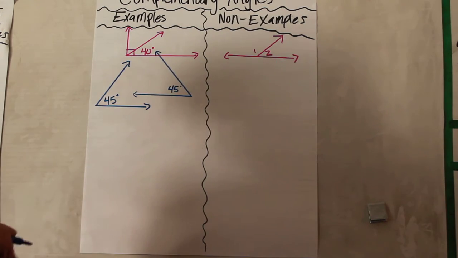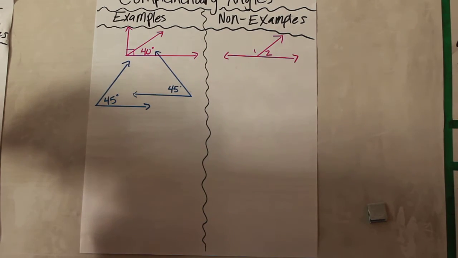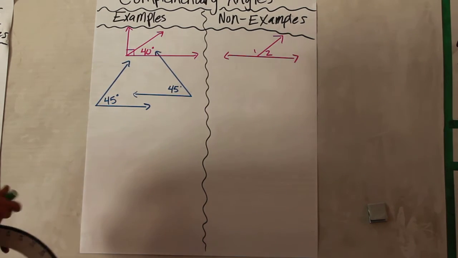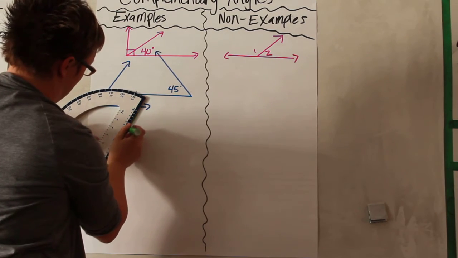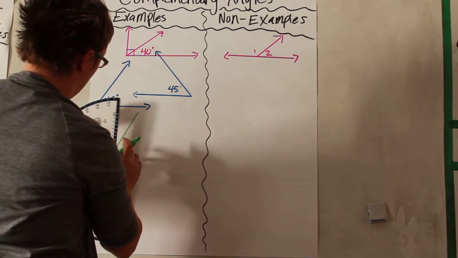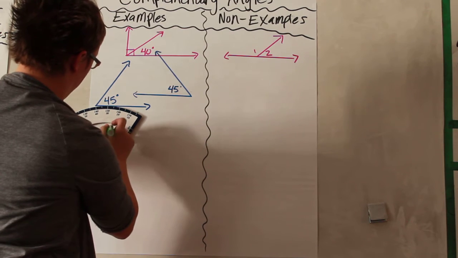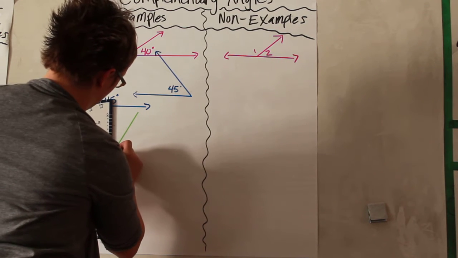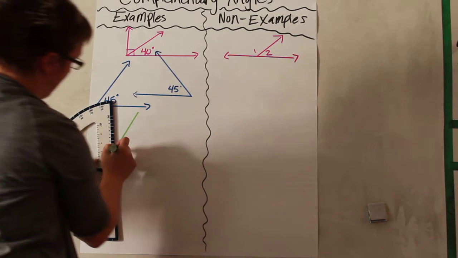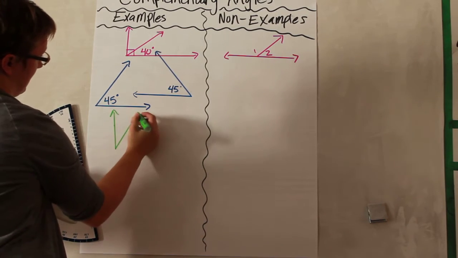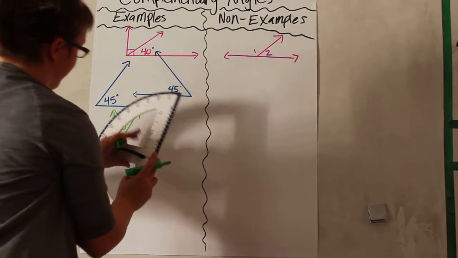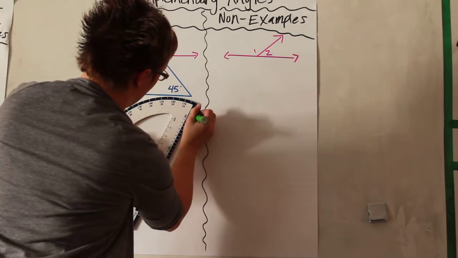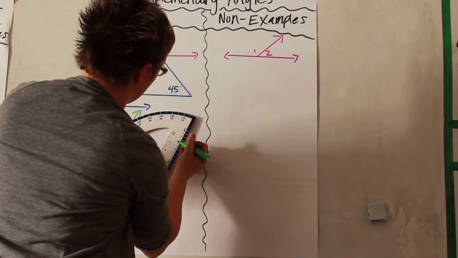All right, the next one we're going to look at, we're going to take a look at an angle that's smaller than a 45-degree angle. I made an angle that is 20 degrees. I'm also going to make an angle that is 70 degrees.